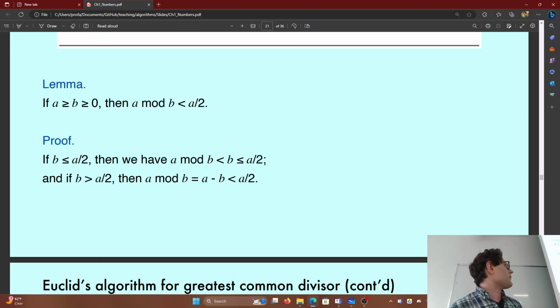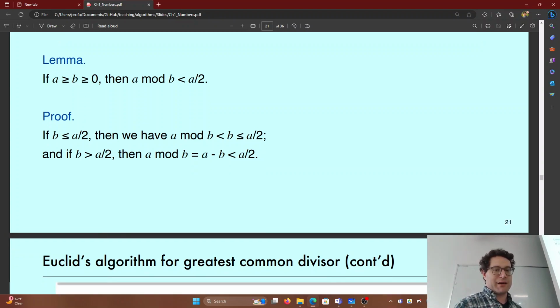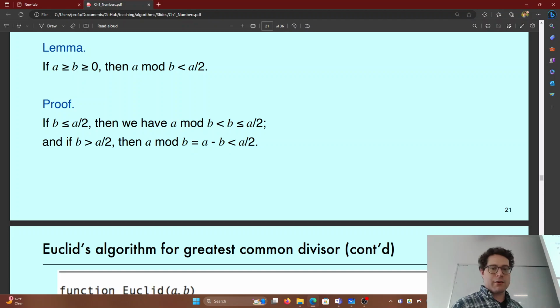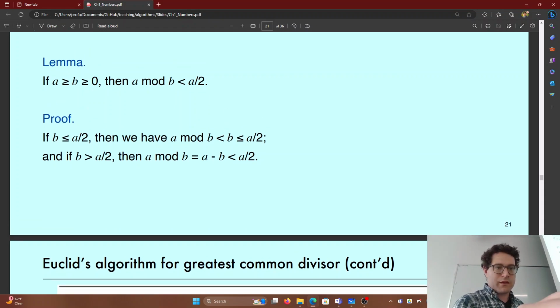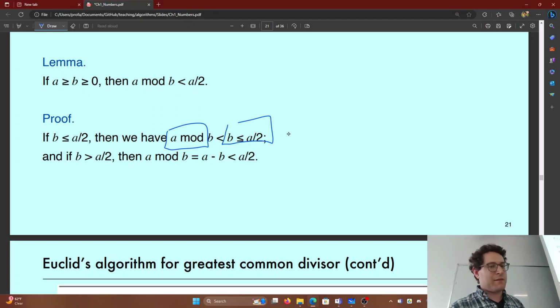So the way this proof works is that we have two possible conditions. What if B is less than A divided by 2? Well, in that case, A mod B has got to be less than that, because A mod B, by definition, has to be less than B. Remember, the possible range for A mod B is 0 up to B minus 1.